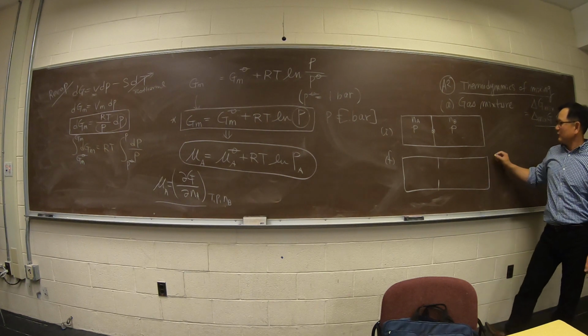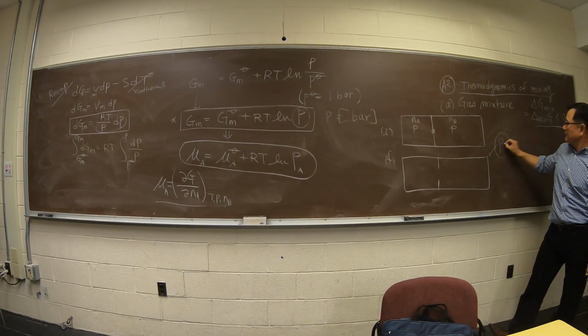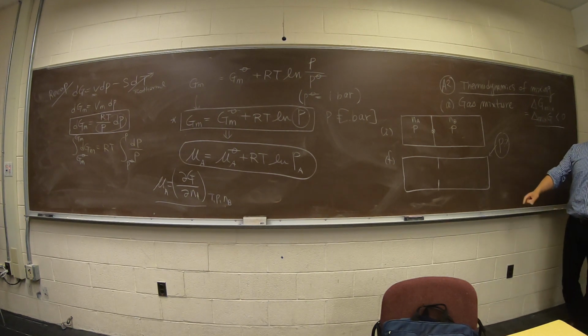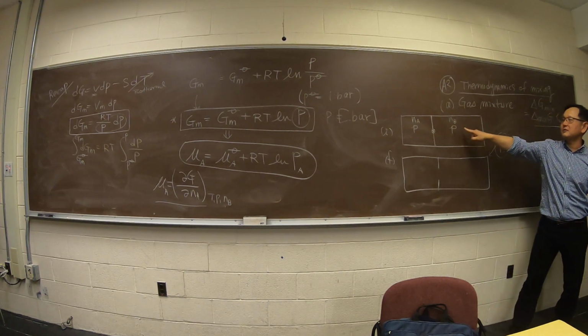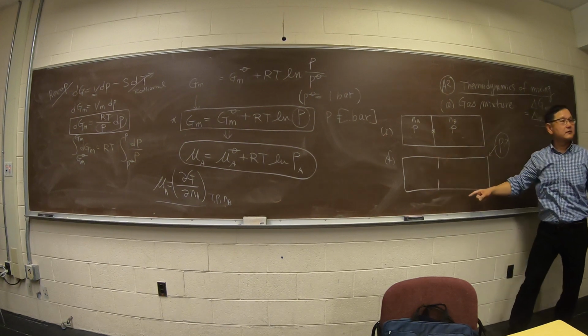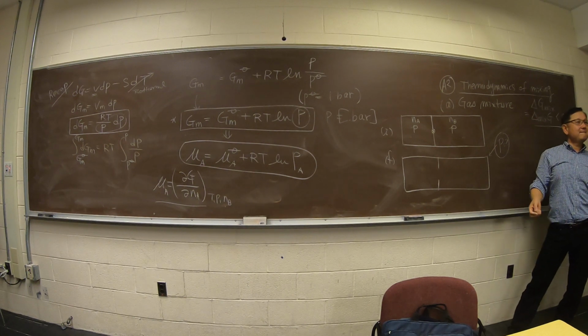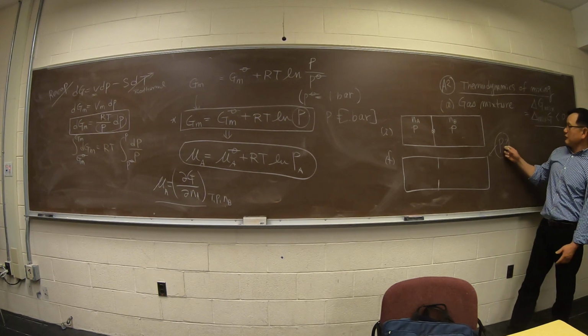The key point is, what's my final pressure? It was 1 atmospheric pressure on both sides, right? I open it up. What's my final pressure? 1. It doesn't change, right? So the total pressure is the same.